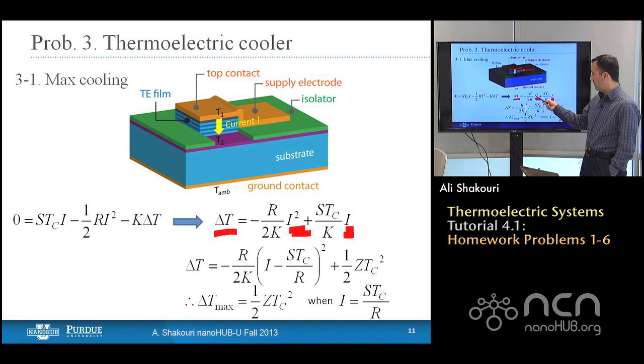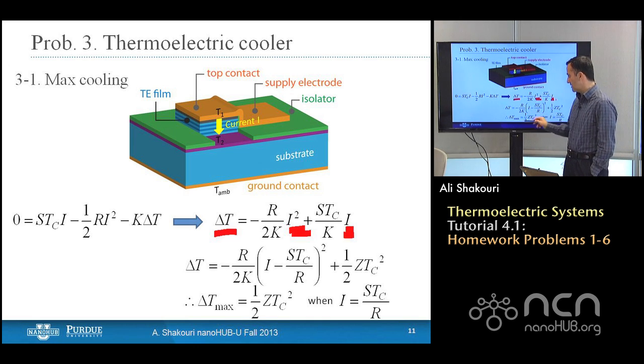You can write that as a quadratic equation for I by doing I minus S TC divided by R, squared, plus a constant. The advantage of this is you can see right away that the maximum delta T you can get across a device is 1/2 Z TC square, and the optimum current that gives you that is when the current is S times TC divided by R. If you're not comfortable completing the square, you can take the derivative of this delta T with respect to current, find the optimum current, put it back, and then you get this expression.